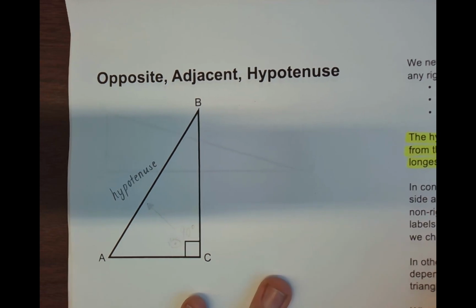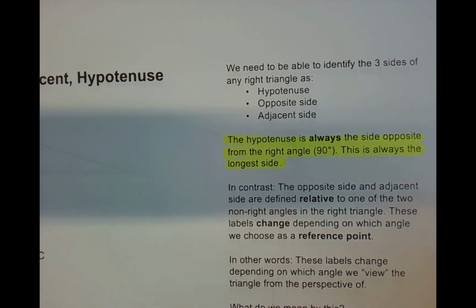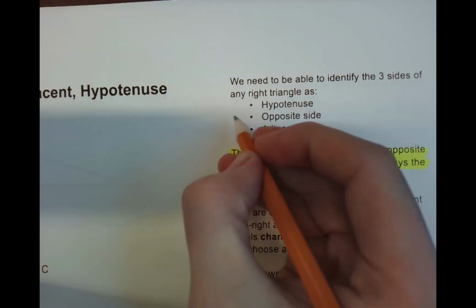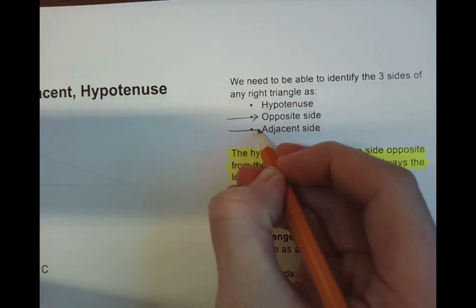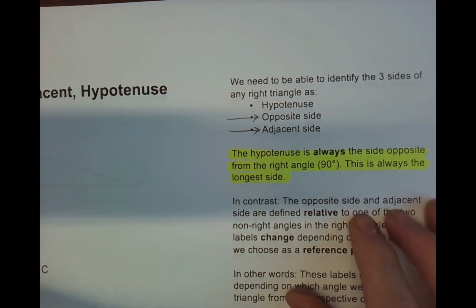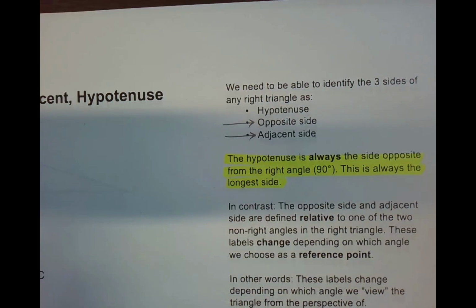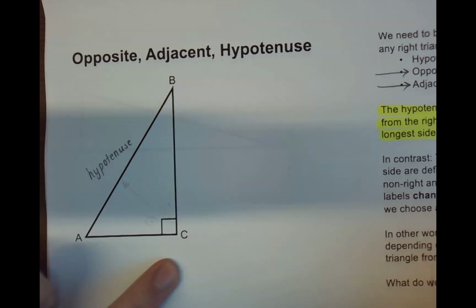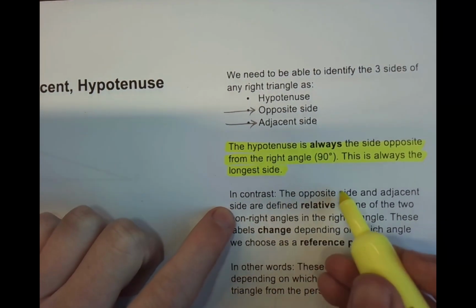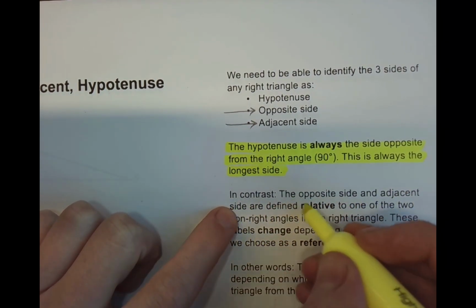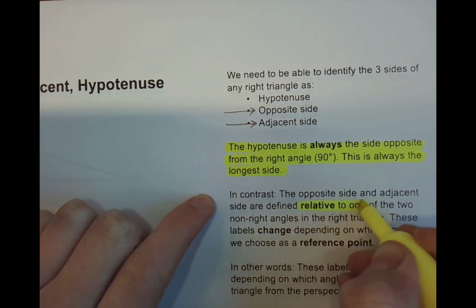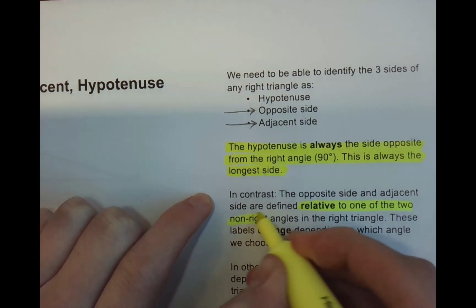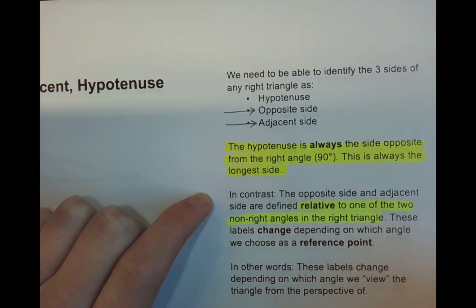But the thing about the opposite and adjacent sides, which is a little bit different, is that it always depends on which angle we are focusing on right now. The opposite side and the adjacent side are defined relative to one of the non-right angles.